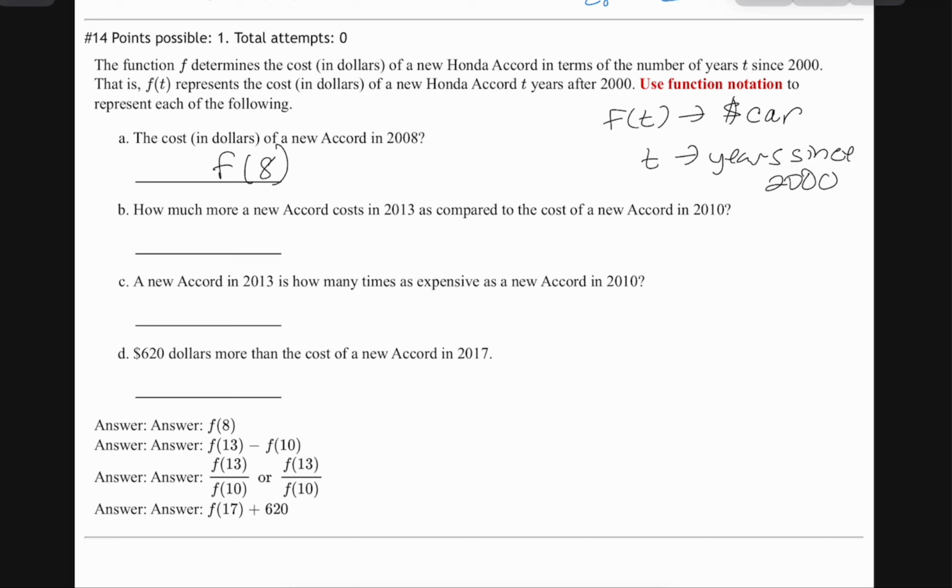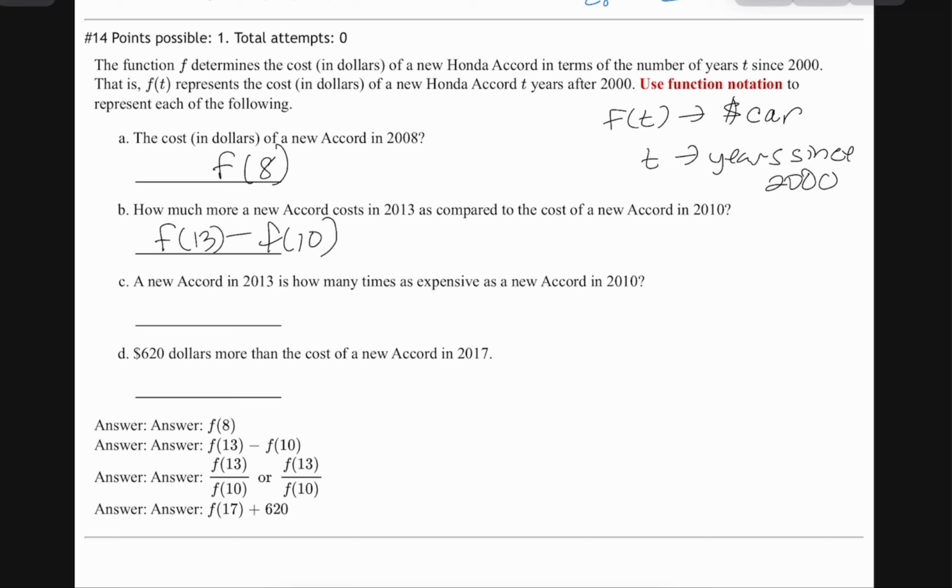If I want to compare the cost in 2013 compared to the cost in 2010, it's just the ending minus the beginning. So f of 13 minus f of 10. A new Accord in 2013 is how many times as expensive of the Accord in 2010.